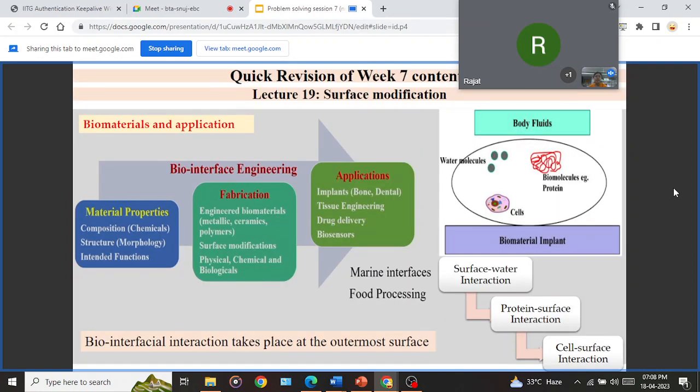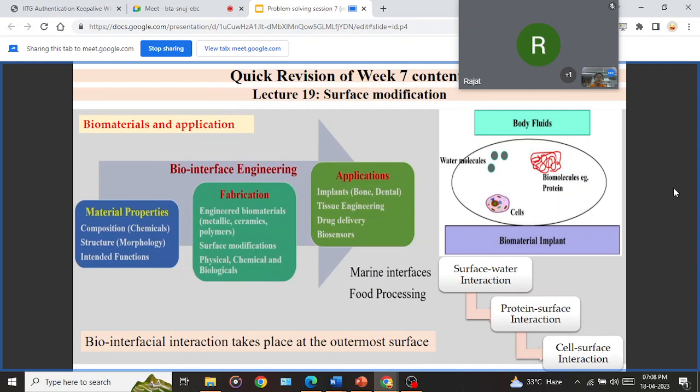So firstly, we will discuss lecture number 19, that is surface modification. As we studied in the last lecture about biomaterials and biocompatibility, here we can see the various applications of biomaterials. It involves bone implantation, dental implantation, then tissue engineering, drug delivery, as well as biosensors.